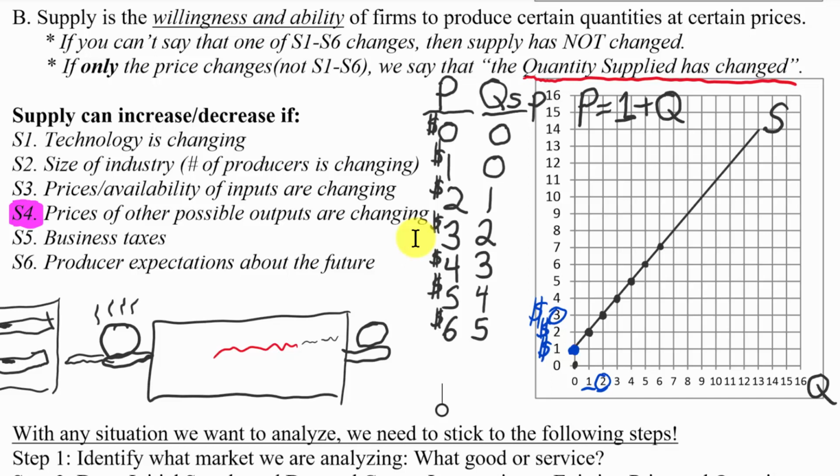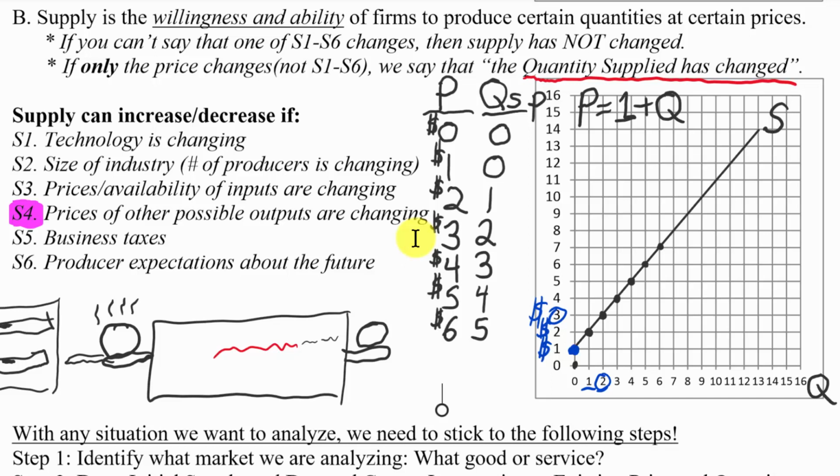So if there's something else that you could be making or you do already make, and the price of that changes, what we're saying here in number 4 is that logically what this business might do is shift resources towards some other possible output that is now more expensive, that they can sell for a higher price, and shift resources away from the thing that is now relatively less expensive, the thing whose price didn't change.